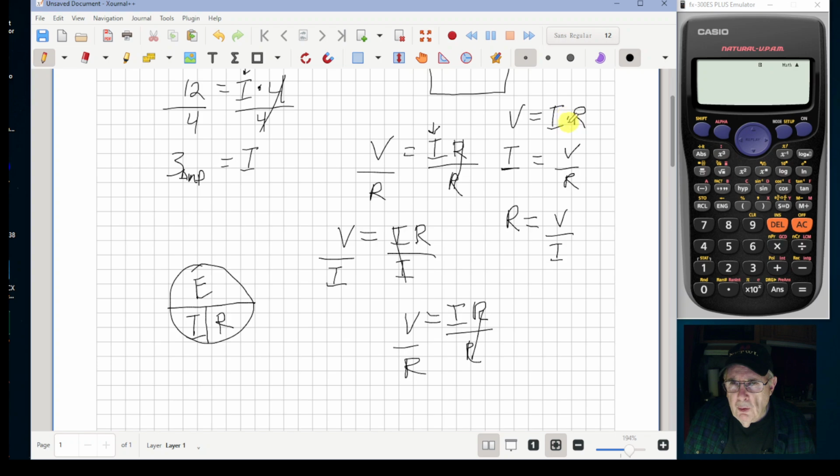So really you only need to memorize the first equation, because now that you know a little bit of algebra, you can derive the other two equations. I like this idea, but I oftentimes can't remember. This one's not too bad because I've dealt with Ohm's law a lot, but this wheel works for other things too, and I always forget what goes where. But I know how to do algebra, so I can always derive my equations. All right, more in the next video.